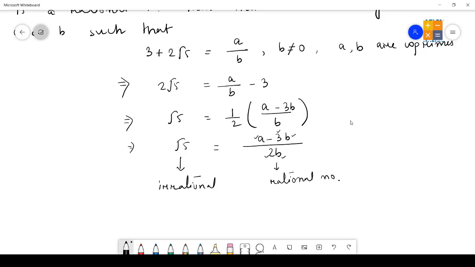Now, can an irrational part be equal to a rational part? No, this is impossible. Therefore, this is wrong. Means our assumption is also wrong.